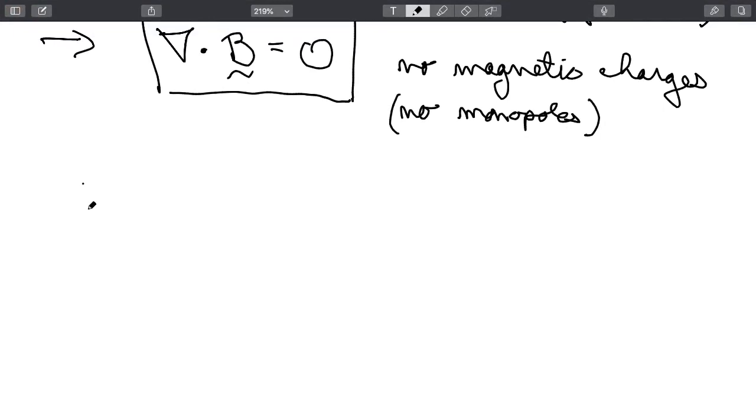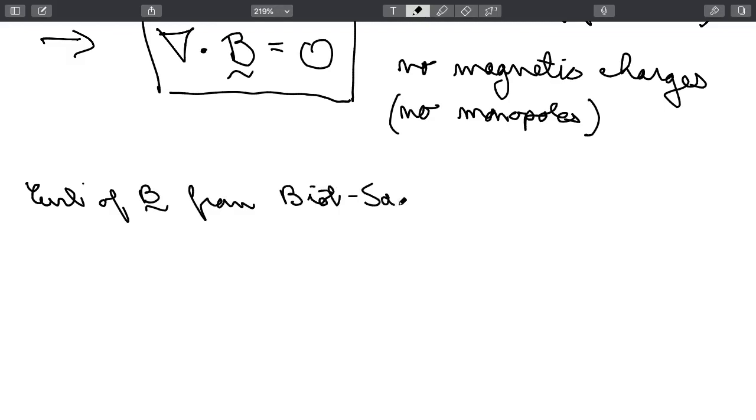All right, so now we're going to compute the curl of B directly from Biot-Savart. So how does this go? We just have, once again, the same starting point, but now with curl.